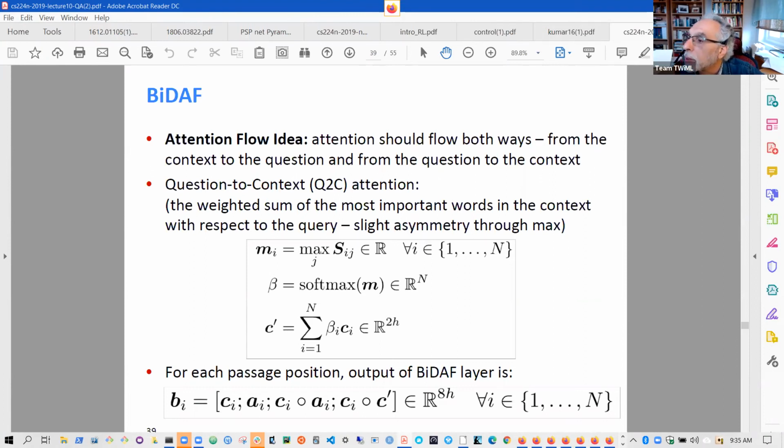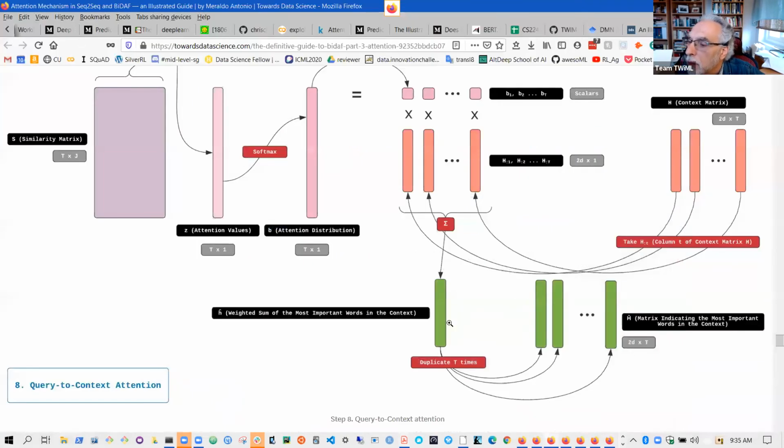Now back to the Medium article, this is C prime, okay? So each context word's embedding gets multiplied by its corresponding probability from here, and then you add them all up to get this thing called C prime.